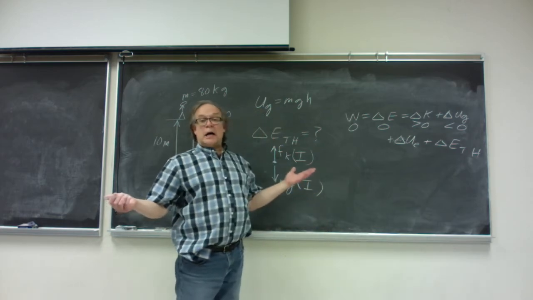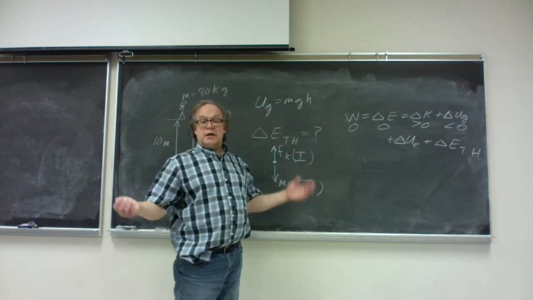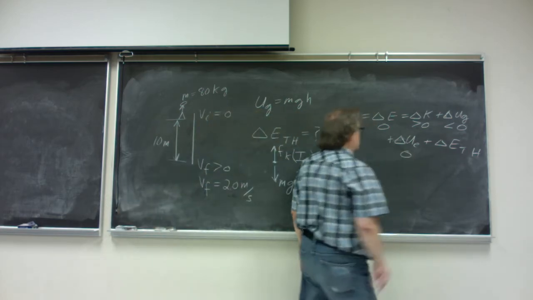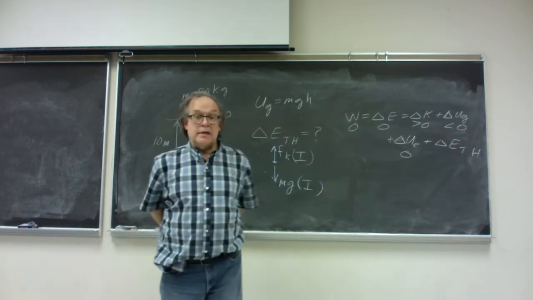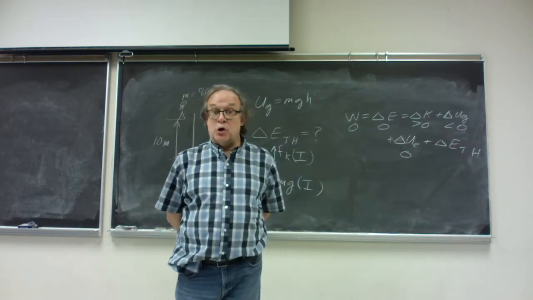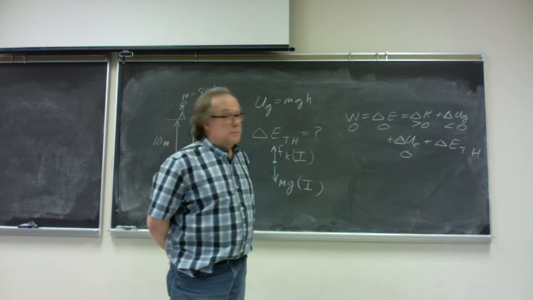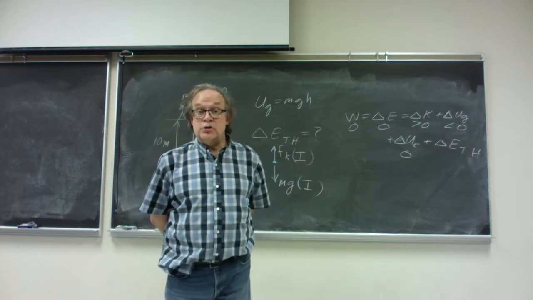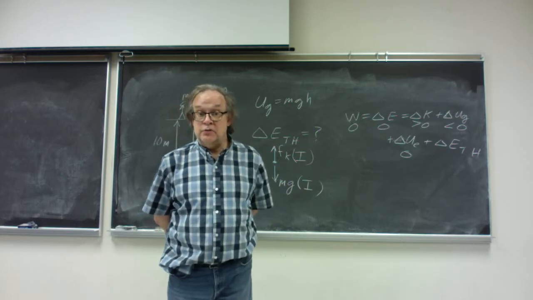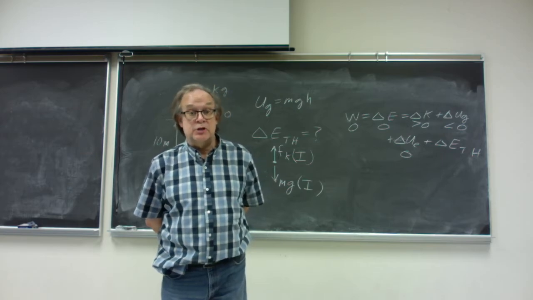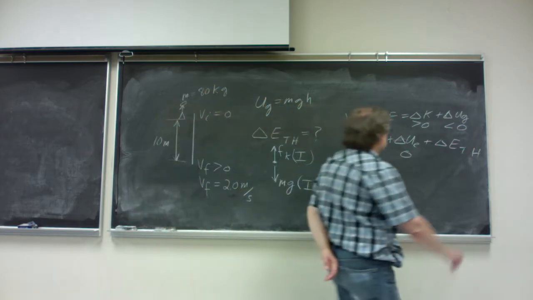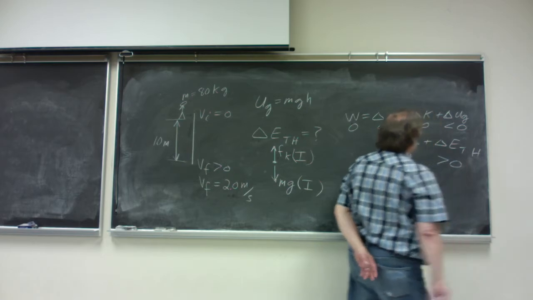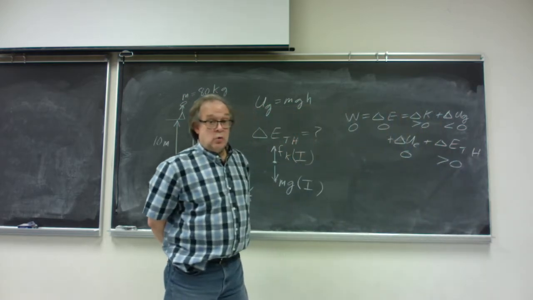There are no elastic objects getting stretched or squeezed in this case, so nothing happens there. The elastic potential energy in this system is always zero. But there was friction, and friction always increases the thermal energy of the objects, or at least some of the objects in the system. So that's what we know.